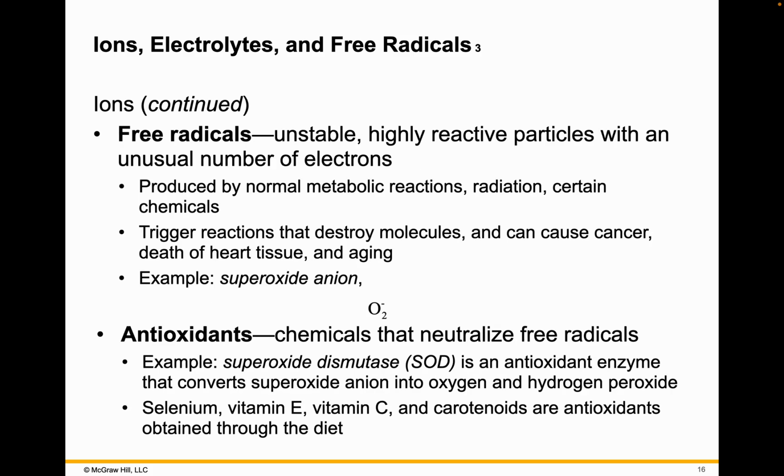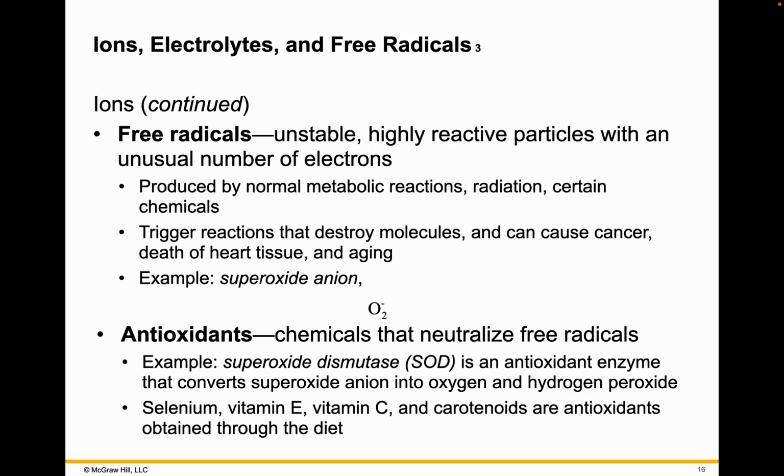Free radicals are unstable, highly reactive particles with an unusual number of electrons. They're produced by normal metabolic reactions. Radiation can do it, and some chemicals can do it. When they are present, they trigger reactions that destroy molecules. They can cause cancer or the death of heart tissue and probably have a role in aging.